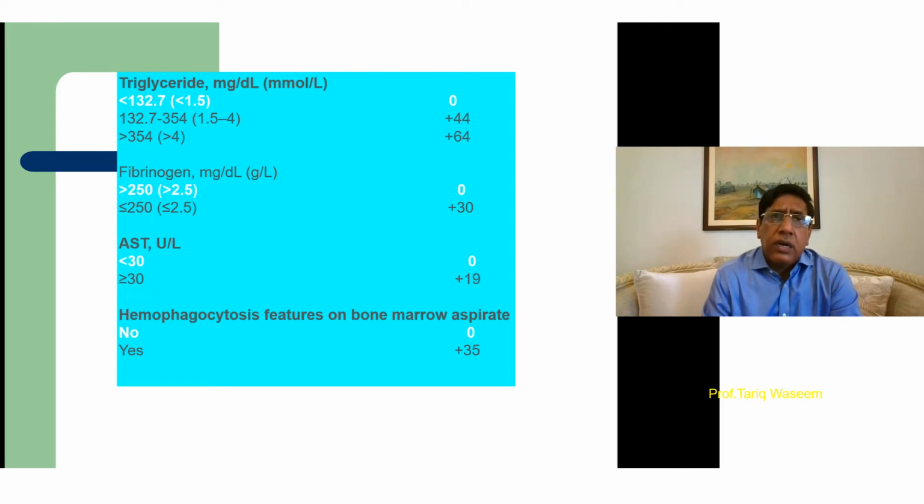Triglycerides again are considered a marker of some kind of acute vascular insult. Less than 133 would be considered 0. Up to 354 would have a score of plus 44, and more than 354, or more than 400, would be considered plus 64.